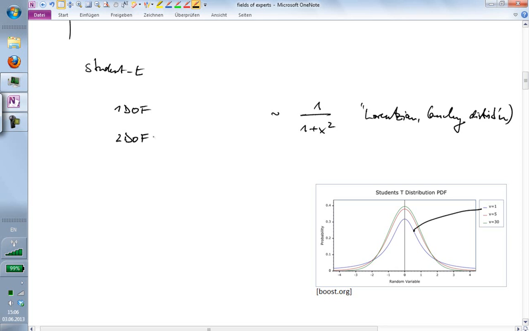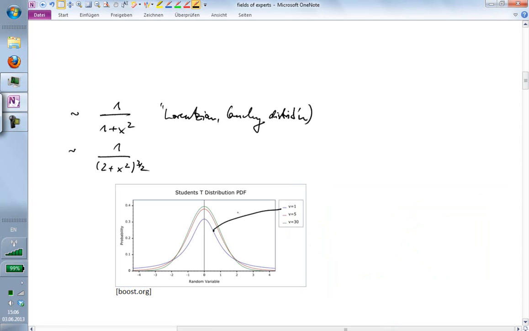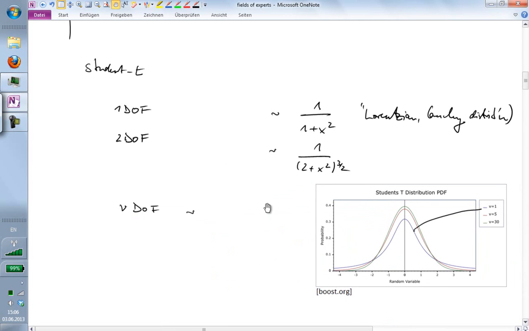With 2 degrees of freedom, this is proportional to 1 over 2 plus x squared to the power of 3/2. And more generally, for nu degrees of freedom, you have 1 plus x squared over nu, to the power of minus (nu plus 1) divided by 2.